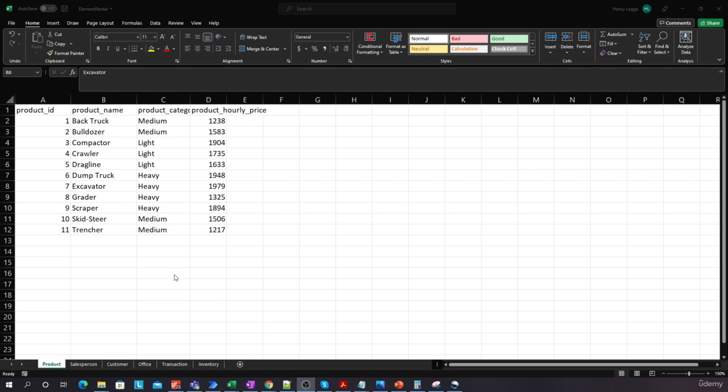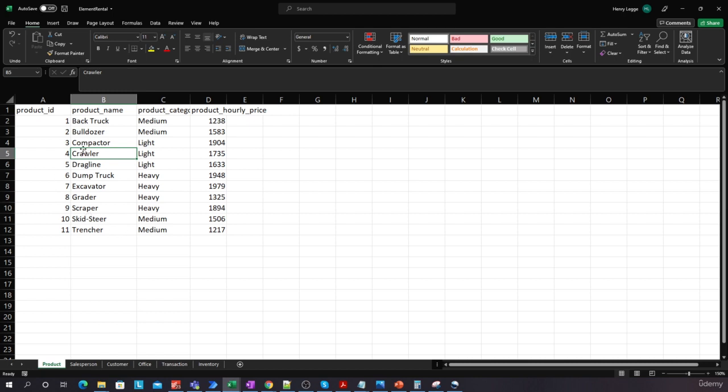Okay. So what I've done over here is I've created a fake company called Element Rental. What they do is they simply rent out heavy equipment to companies, and they have offices all over the US. The first table simply tells us the products that are available to be rented. You can see here that there are 11 products: backhoe, bulldozer, compactor, crawlers, things like that.